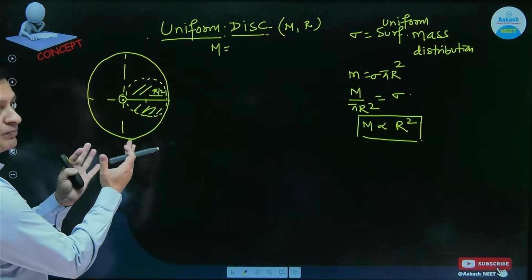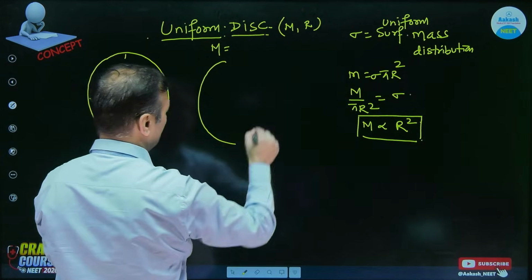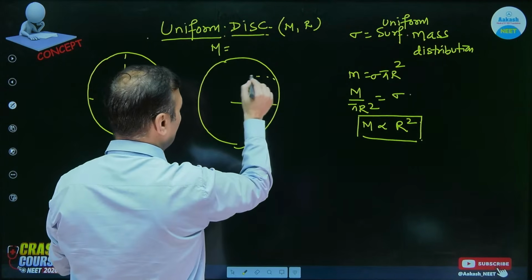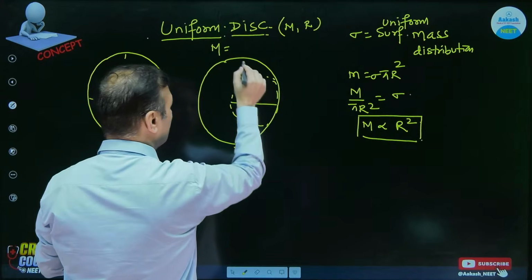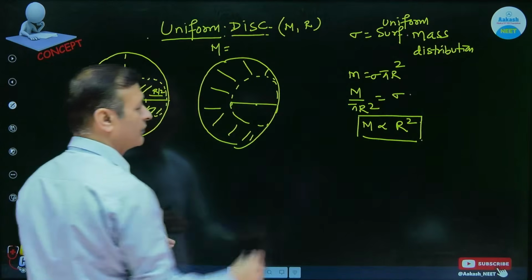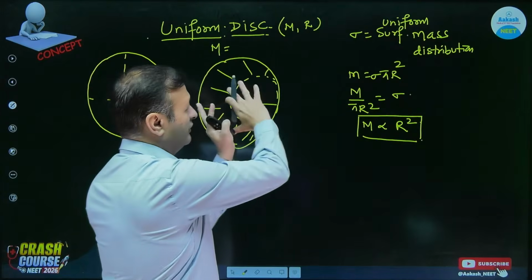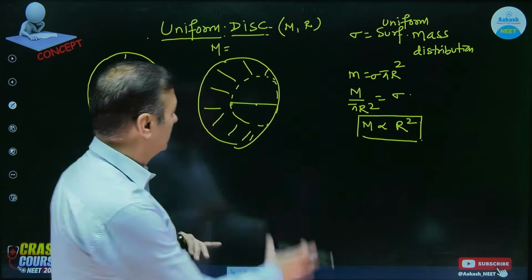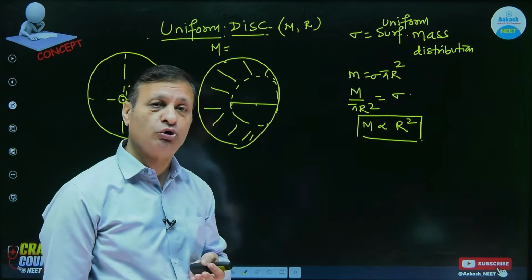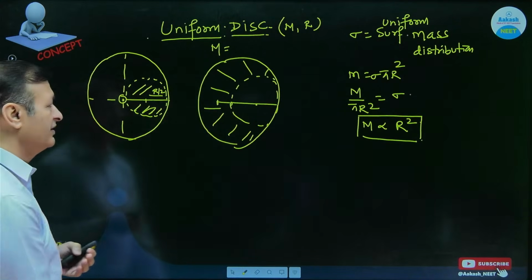Once you remove this part, you are left with this portion of the disk, which is the heavier distribution, and the center of mass lies closer towards the heavier distribution. So the center of mass will shift towards this side. Do we understand this point or not?